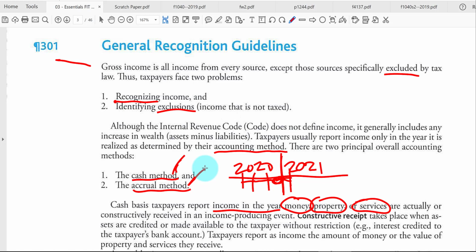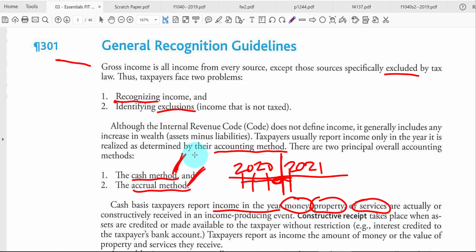Sometimes the money is collected at the same time you earn it. But accrual basis is, I don't care when you collect it, you just report the income in the period you earn it. Here, with the cash method, you collect it ahead of time, you collect it at the same time, or you collect it after you do your work. It's when you collect the money. That's the cash method, which is simpler.